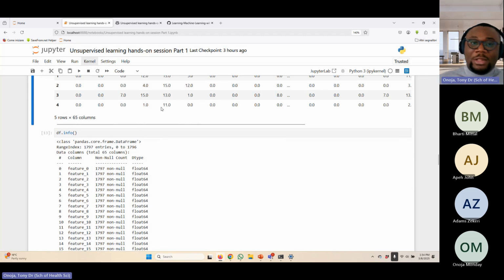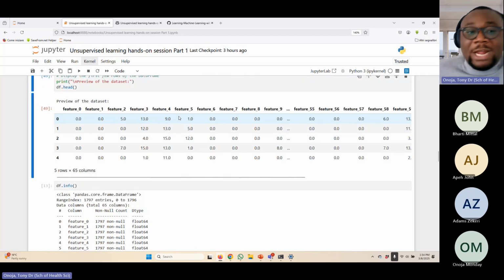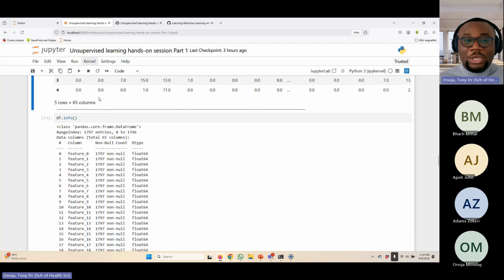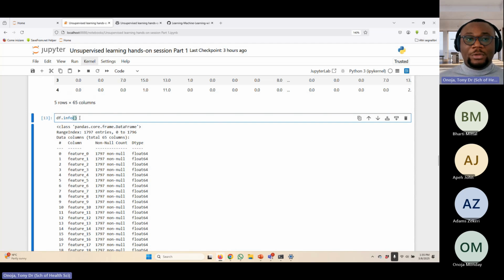This is quite a large number compared to the Iris dataset that we looked at. You could imagine that when you're fitting these features, you're likely going to have issues around dimensionality, although it depends on the task you're doing, but 64 features are quite a lot.